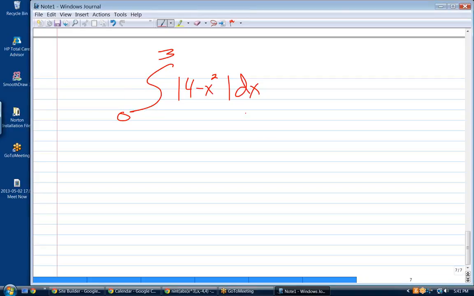Okay. Now, if I want to do this manually, I could stick that in the computer easy enough, just like I did the x cubed. But if I want to do this manually, this is a parabola whose vertex is at 4, and it opens down. Right.